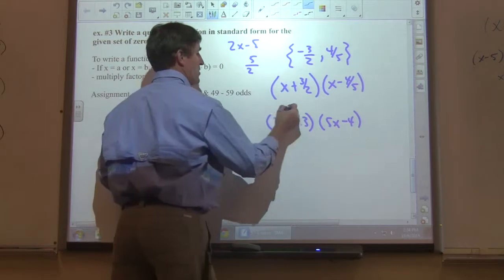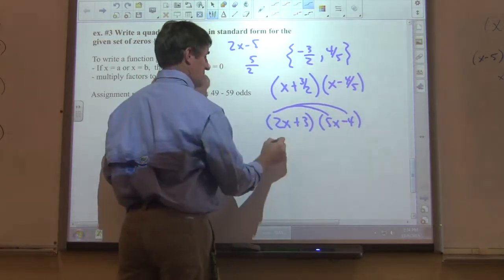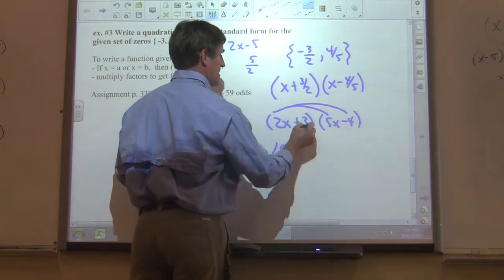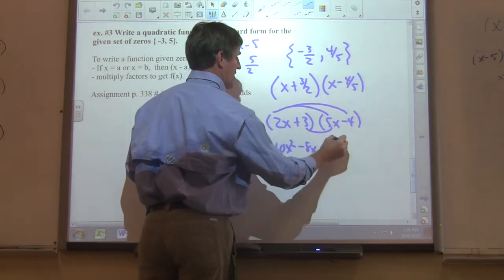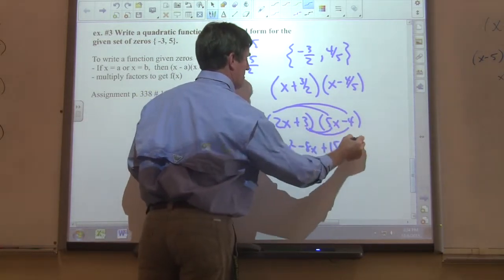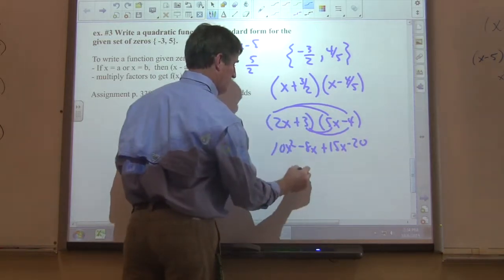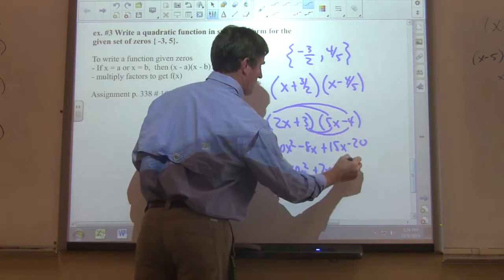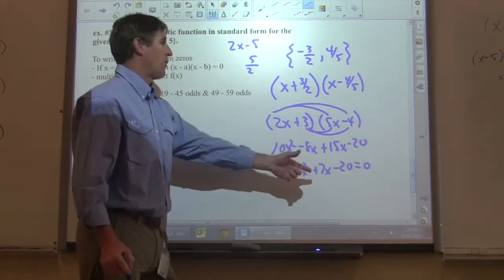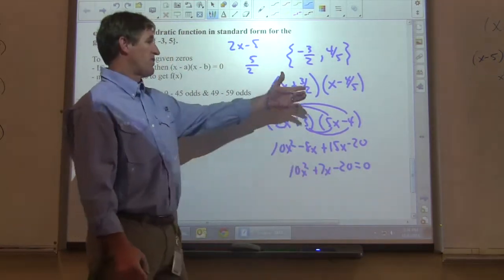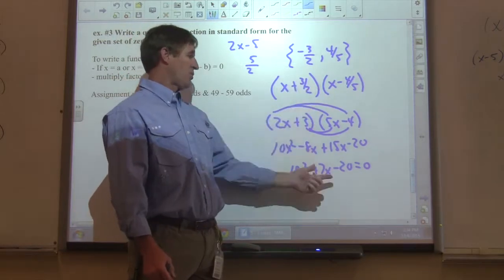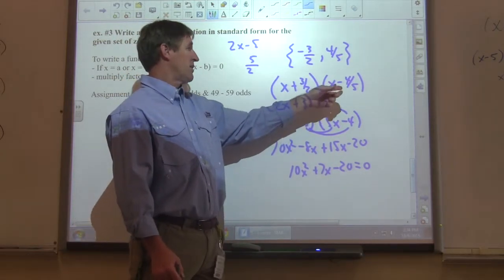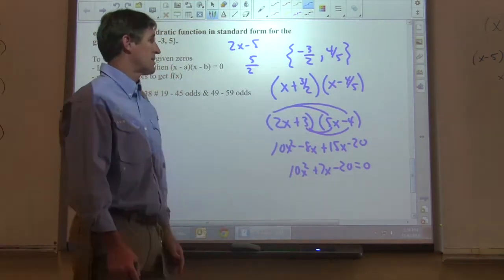And now I can multiply this, so 10x squared minus 8x plus 15x minus 20, and I avoided the fractions. So it's fine to do it this way. The answer will look a little bit different, but if you multiply by the common denominator of your fractions up here, you will get this.